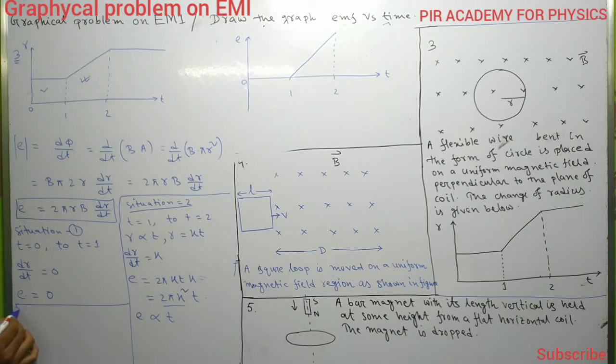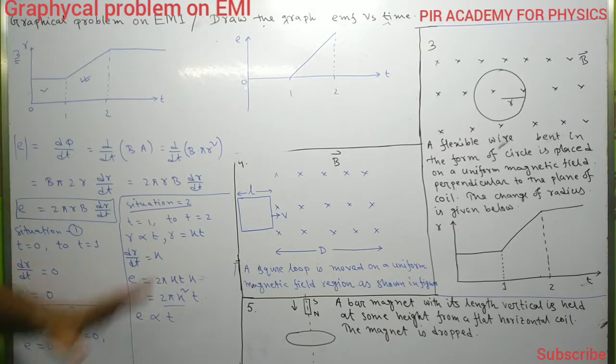Suppose situation number 3. Situation number 3 and situation number 1 are similar, because t equals 2 to t equals 3 or greater values of time t, the r is constant, that means dr by dt equals 0, that means induced electromotive force is 0.